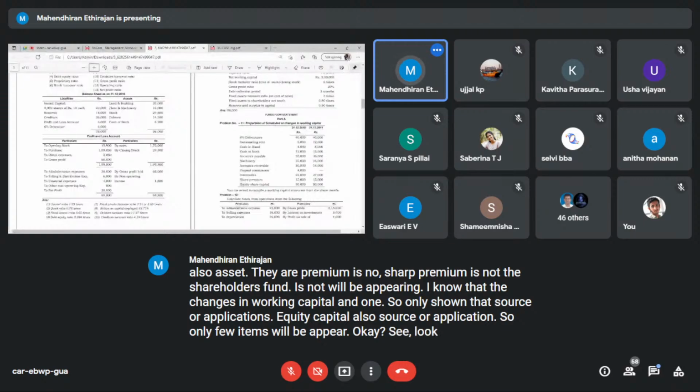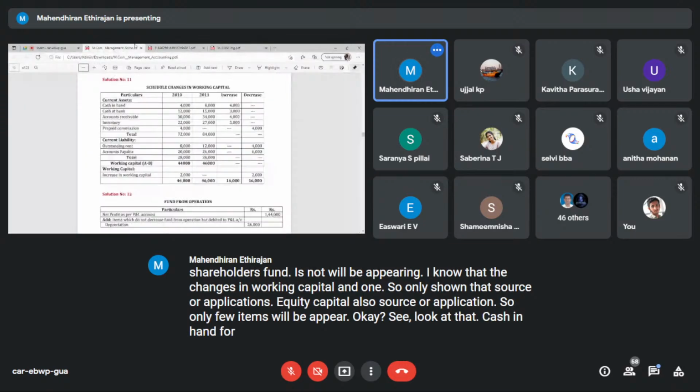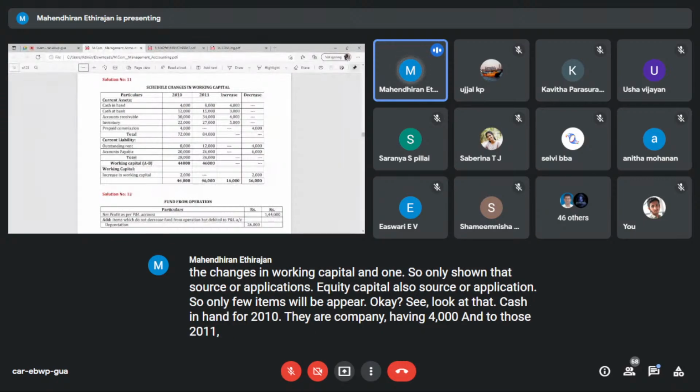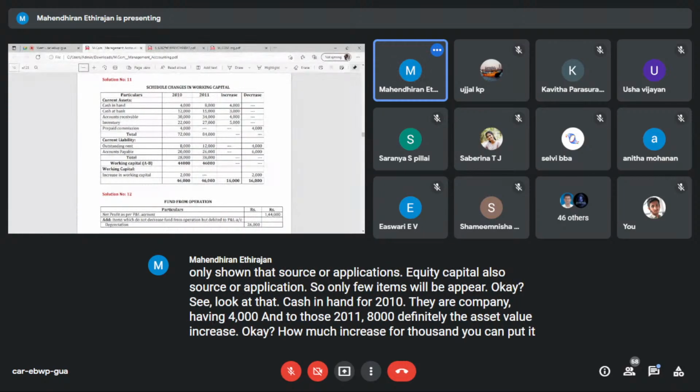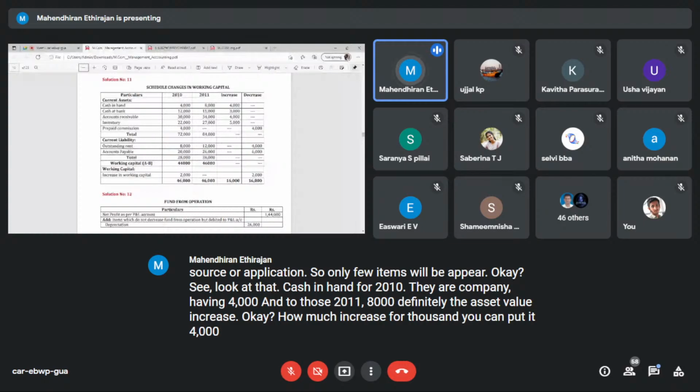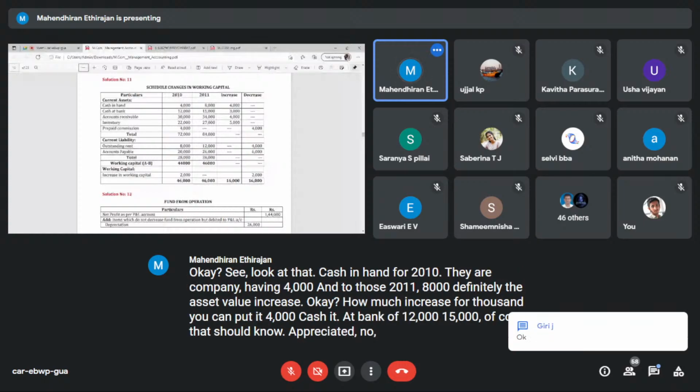See, look at that. Cash in hand for 2010, the company has 4,000, and in 2011 8,000. Definitely the asset value increased. How much? 4,000, you can put that. Cash at bank 12,000, 15,000, so 3,000 increase.